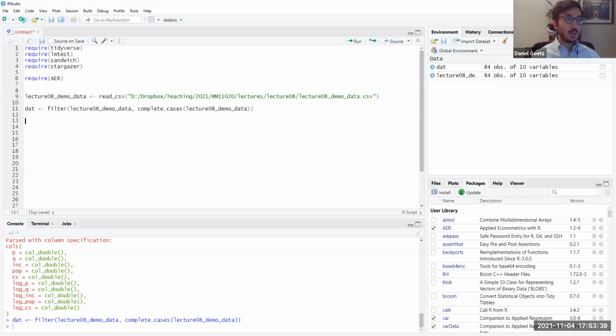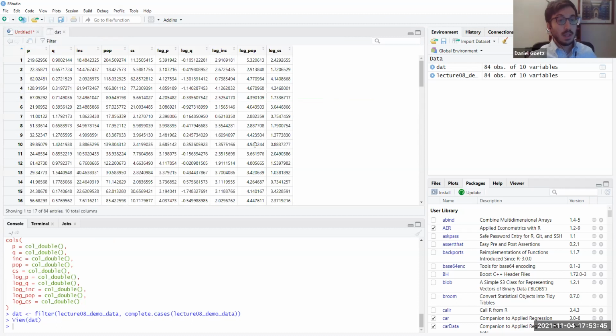Perfect. Okay. So what we want to do with this data, let's take a look at it. We have P, we have Q, so prices and quantities. And then we have income, population, and CS. CS here stands for cost shifter.